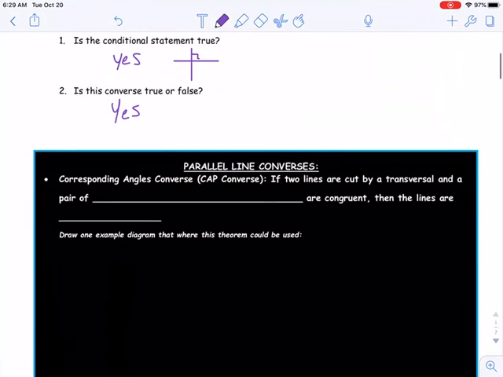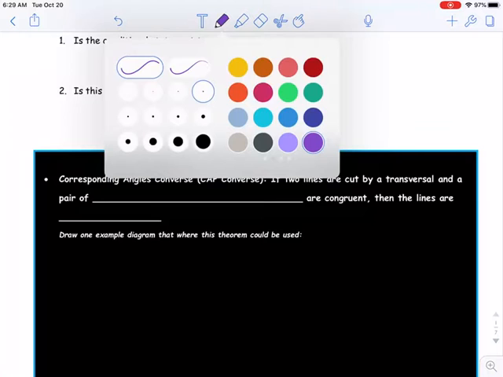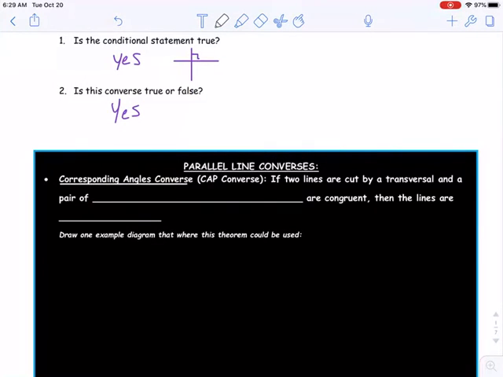Let's dive into things now. All right, we got the parallel line converse, corresponding angles converse, CAC converse. Corresponding angles converse. So if two lines are cut by a transversal and a pair of corresponding angles are congruent, then the lines are parallel.